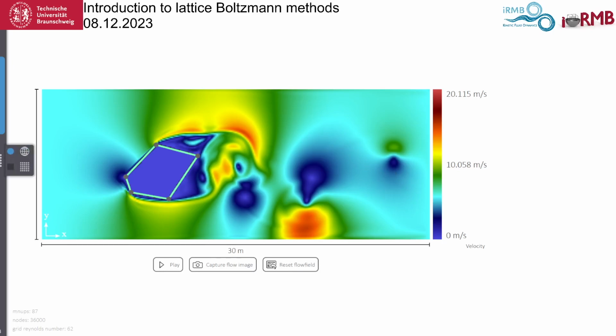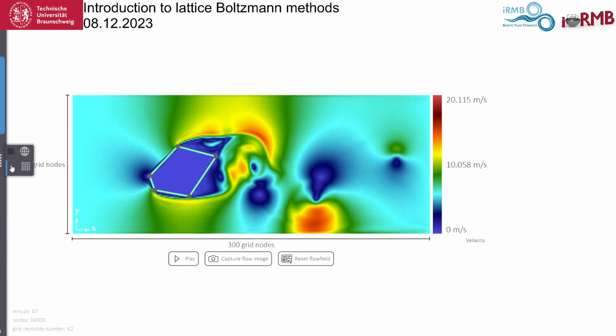What is somehow called the world, so these are called world coordinates in this tool here because they are related to the real world. But what we usually use in Lattice Boltzmann is so-called lattice units. So 12 meters is related to 12 grid nodes in this direction and 300 grid nodes in that direction.